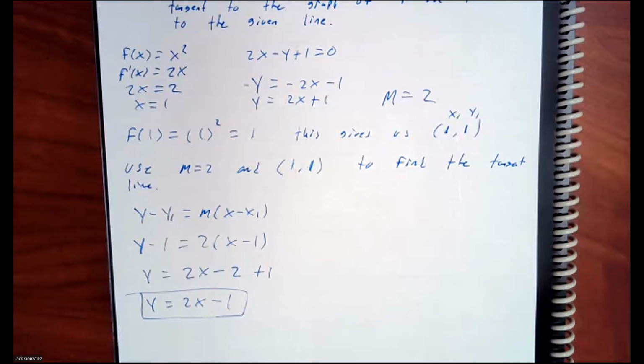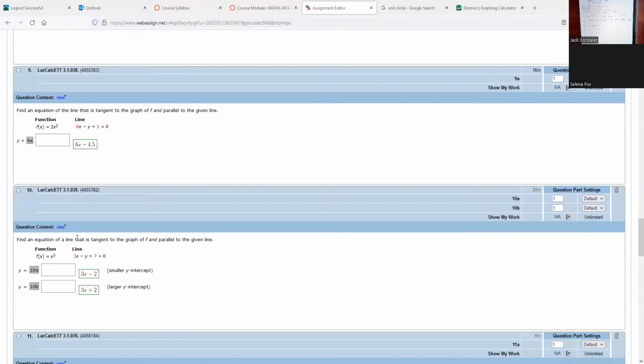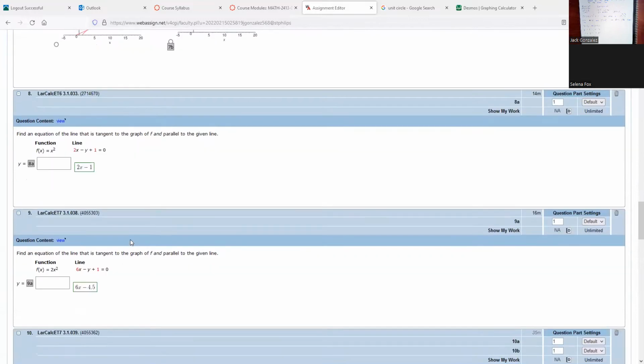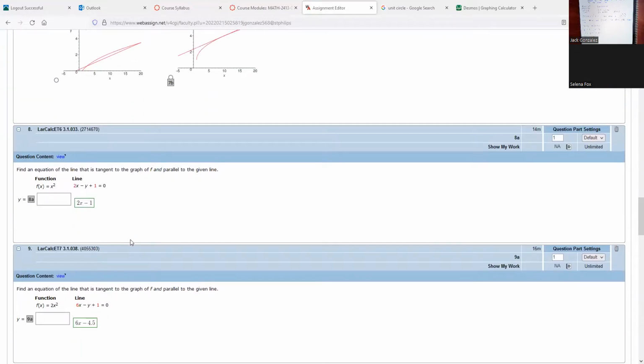We were forced to do this nonsense. The point of it was just to practice our line equations, reminding us of what slopes were, what parallel means, how you find parallel lines. All that stuff was from long ago, so that's why they brought it up.